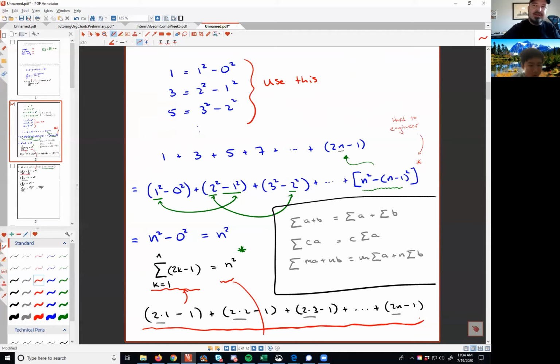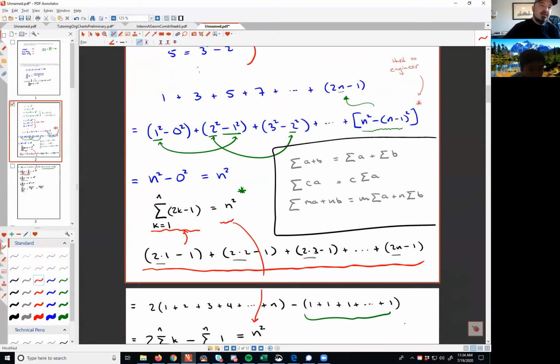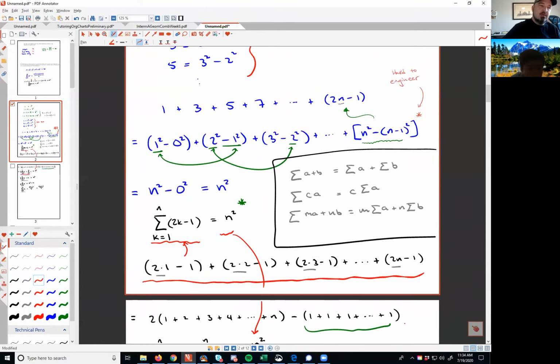If we write them out term by term without computing, just write out 2 times the index variable minus 1. We can separate the index variable from the 1. We can take out the factor of 2. We can break summations into pieces, and we can factor.